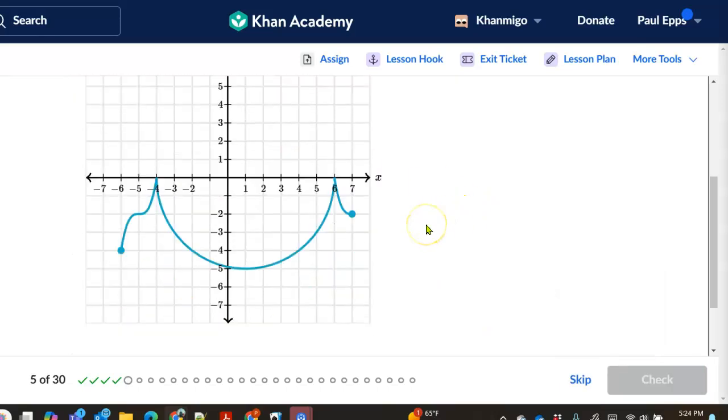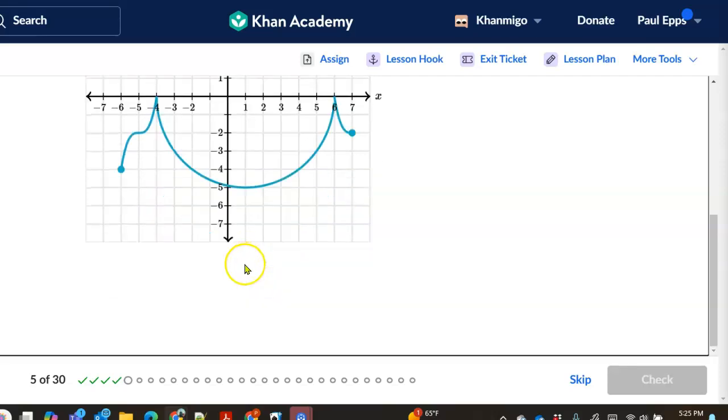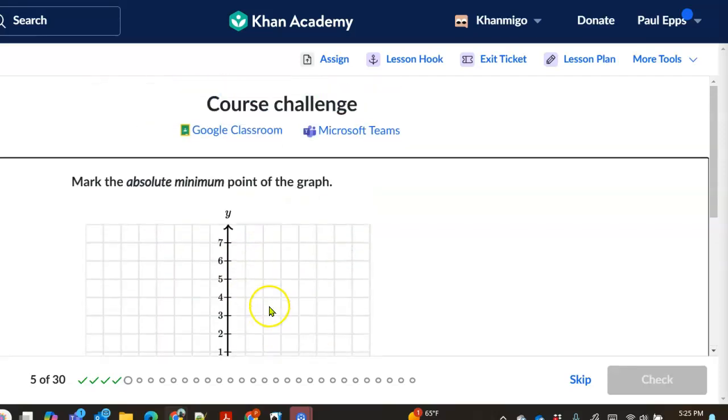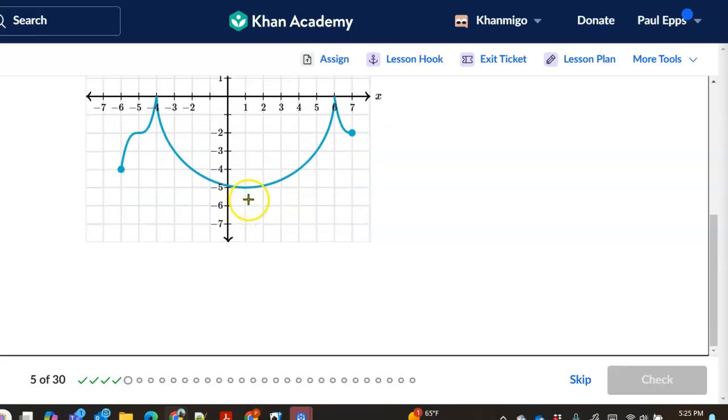Mark the absolute minimum point of the graph. All right, looks like it's right here. Why can't I mark it? As I say, it looks like it's right here. Why can't I mark that?